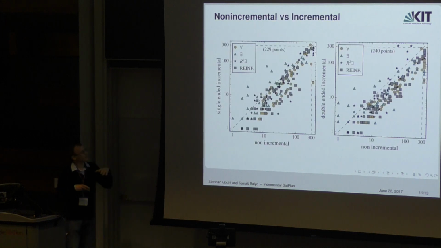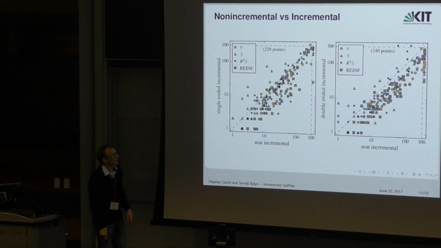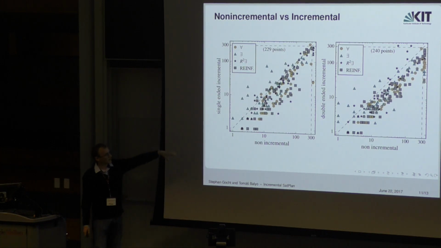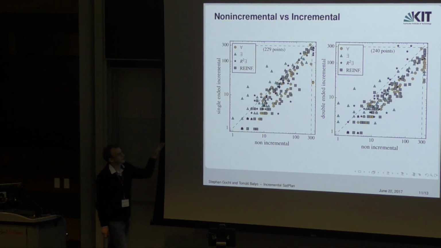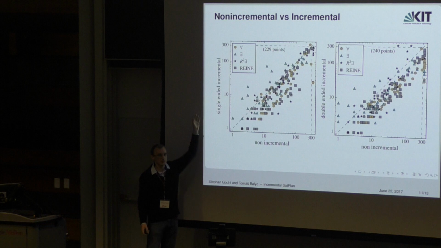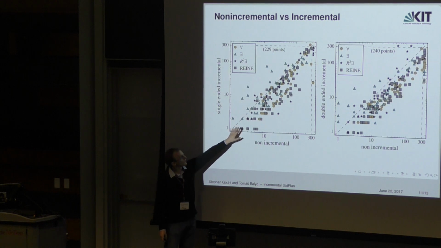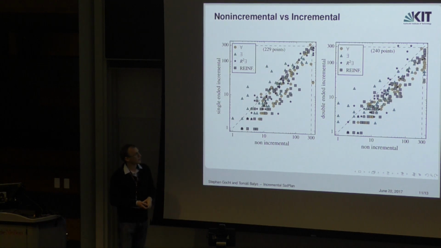And so let's first compare the non-incremental version with the incremental version. These plots are on log scale, and on the bottom side you always have the non-incremental version, on the left side the incremental version. You can see for the single-ended incremental version, where you just transform this idea to incremental SAT solving, we get in most cases a better performance.